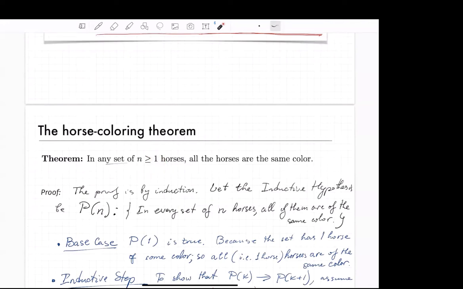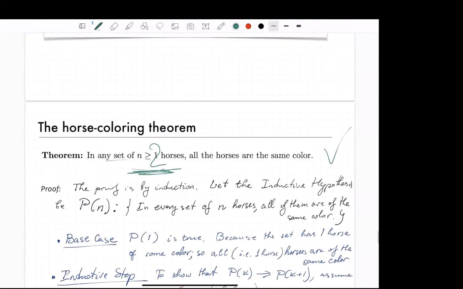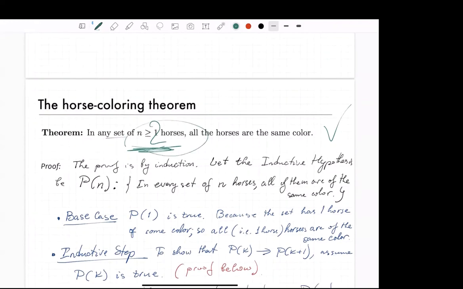But that assumes the base case, that any set of 2 horses have the same color. So if you change this to this, then this is a true theorem. But the basis case would be false in the real world. In an imagined world where every 2 horses have the same color, every set of any k horses will have the same color. That's true.